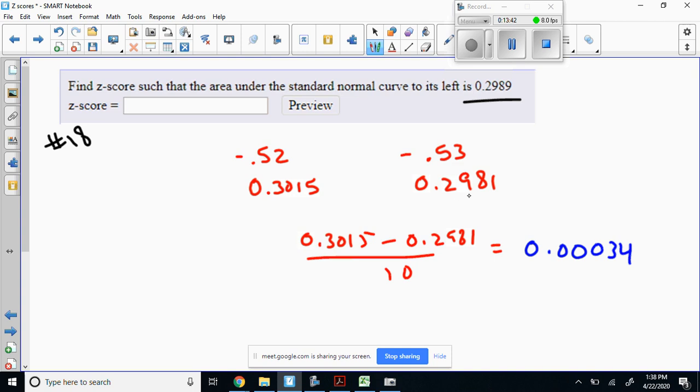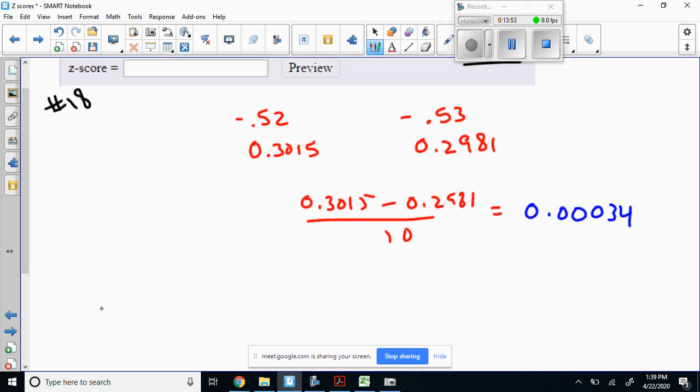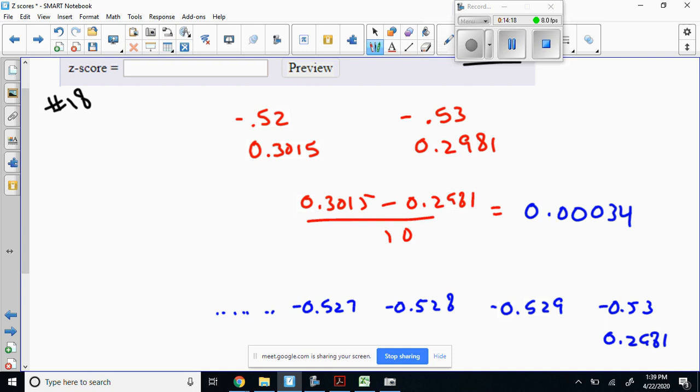Now, I need to break that up into 10 spots. So that's 0.2981. This is negative 0.529, negative 0.528, negative 0.527, right? Dot, dot, dot, all the way down to negative 0.52, right?